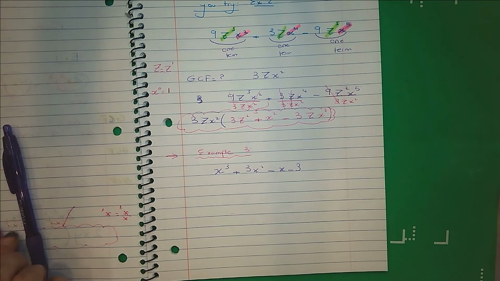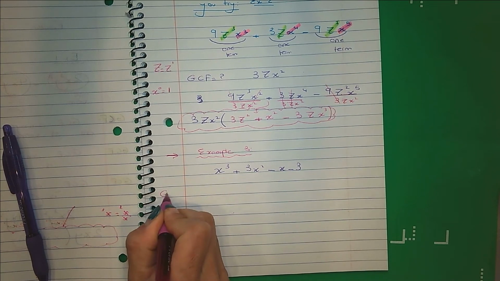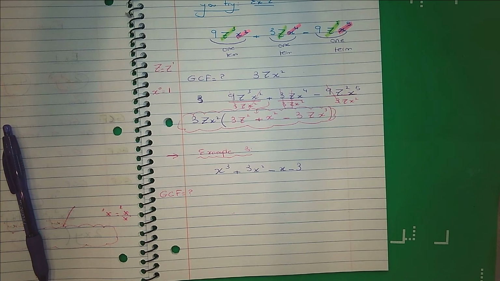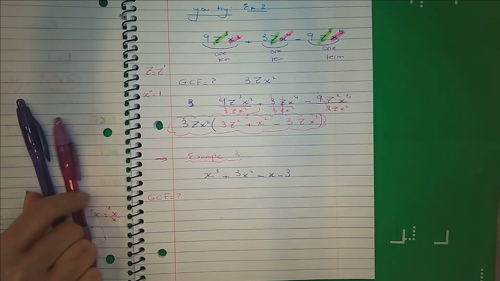Whenever we do factoring, we always have to think of the most important thing, which is, do I have a greatest common factor? And remember when I told you the first time that the factors don't always have to be among all 4 of them. It can be just each one of them separated. So let's look at this together.